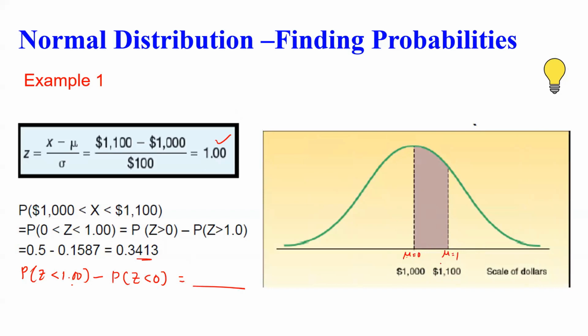You can do it this way to get the shaded region. The probability value for Z less than 1 gives you all of this, and then you subtract Z less than 0, which is 0.5, this part, and then you will get the remaining.